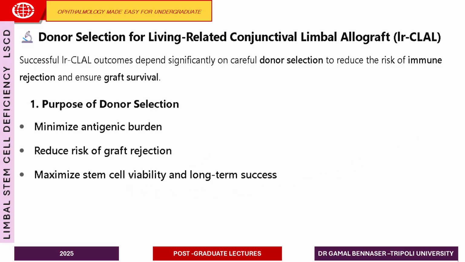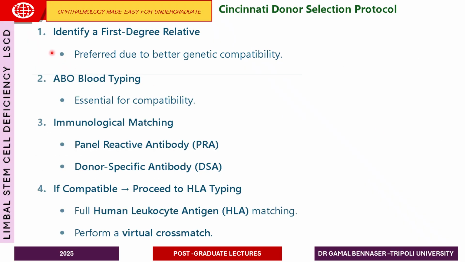So what are the selection criteria for the living-related conjunctival limbal allografts? First of all, we have to identify the first-degree relative, preferably genetically compatible, because the closer the person is to the patient, the more genetically compatible they will be.